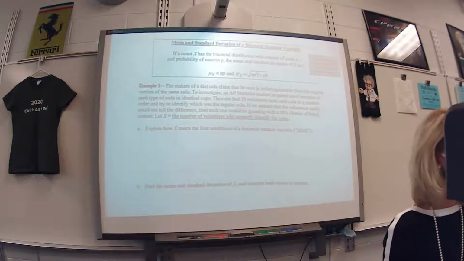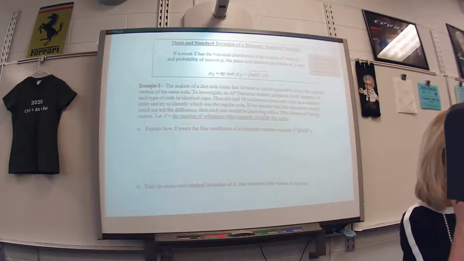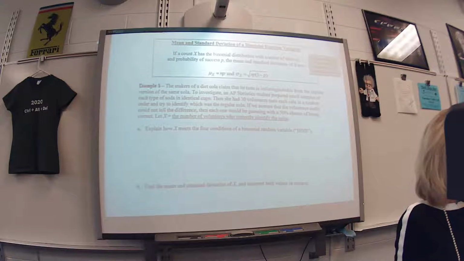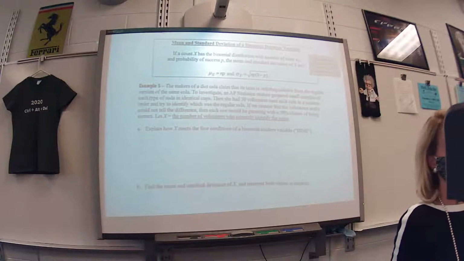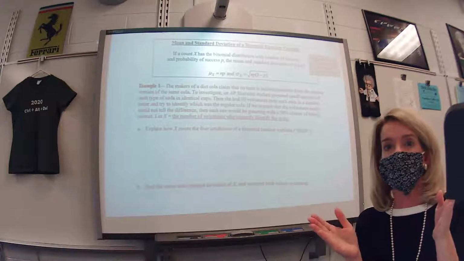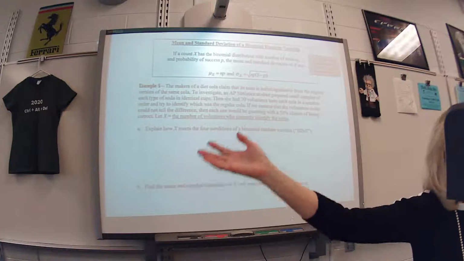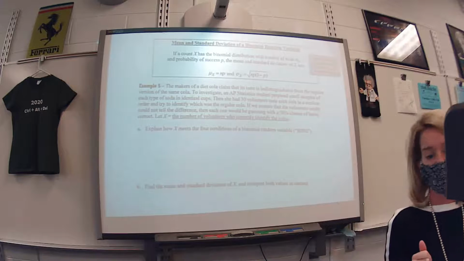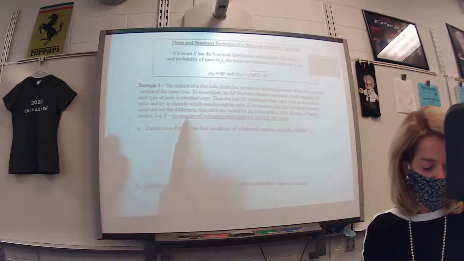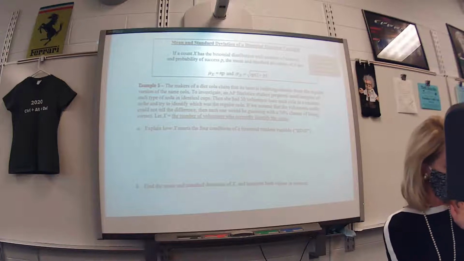If we truly assume they taste identical, wouldn't you assume that half the people are going to guess A and half the people are going to guess B? If they really can't tell the difference, okay? X is going to be the number of volunteers who correctly identify the cola.